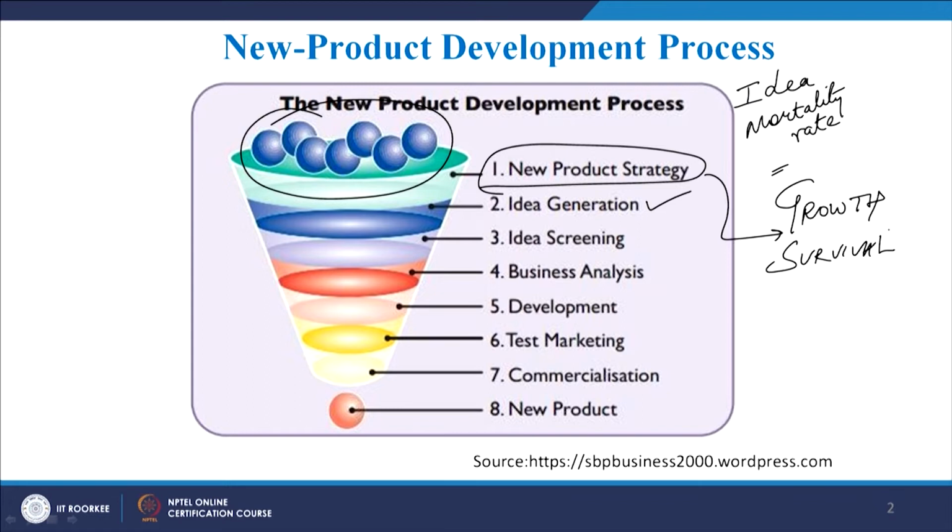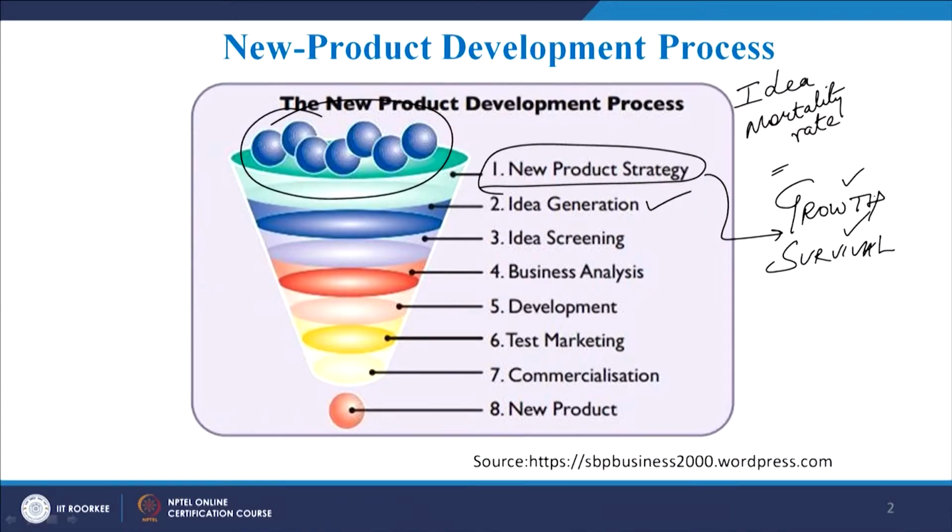Each and every company, each and every organization has to grow. They have to increase their business, their market share, their market presence. Many times it also becomes a survival strategy. If you do not launch a new updated version of your existing product, you may be obsoleted from the market. Therefore, these 2 are the keywords for the new product development process.